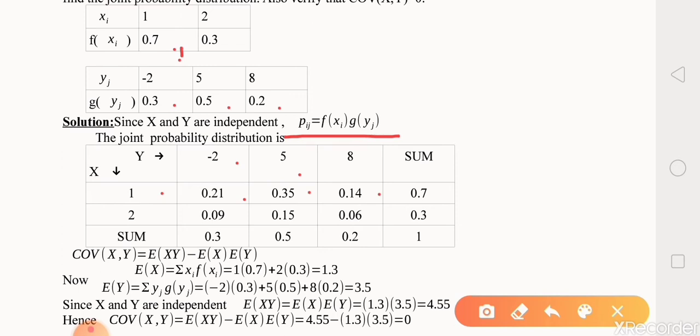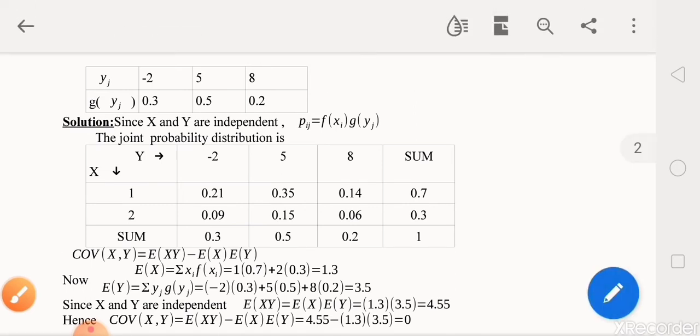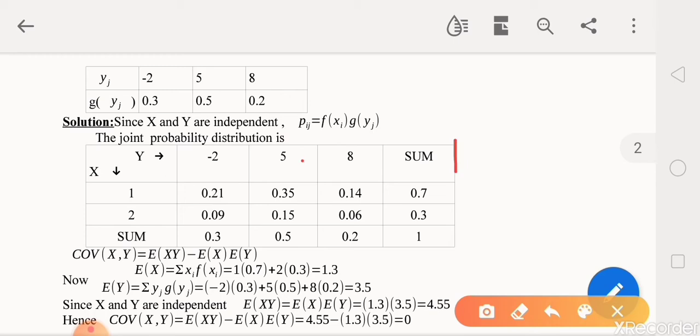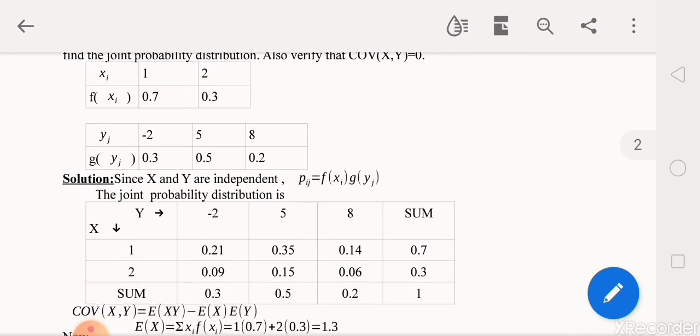X equal to 2, y equal to minus 2, it is 0.3 into 0.3, 0.09. X equal to 2, y equal to 5, so 0.3 into 0.5, 0.15. X equal to 2, y equal to 8, 0.3 into 0.2, it is 0.06.